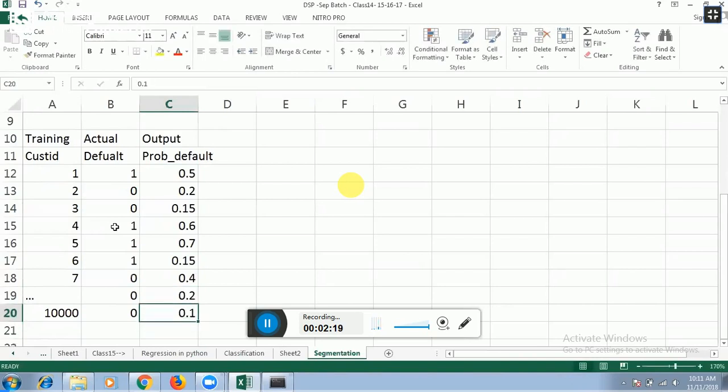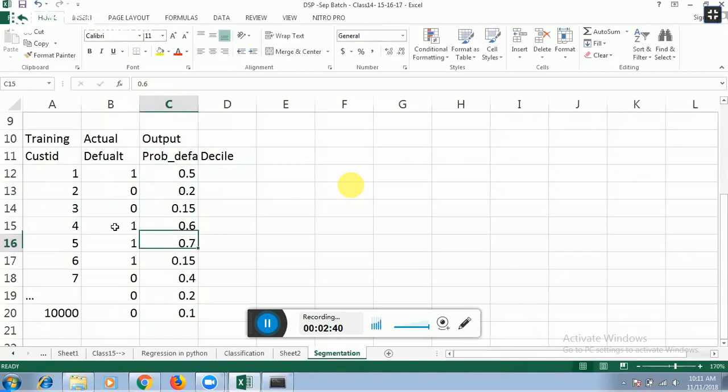What we are calculating is the decile, based on the probability. So I'm saying, give me my top 10%, I'm calling that 1, the second top 10% I'm calling 2, the third top 10% I'm calling 3, etc.